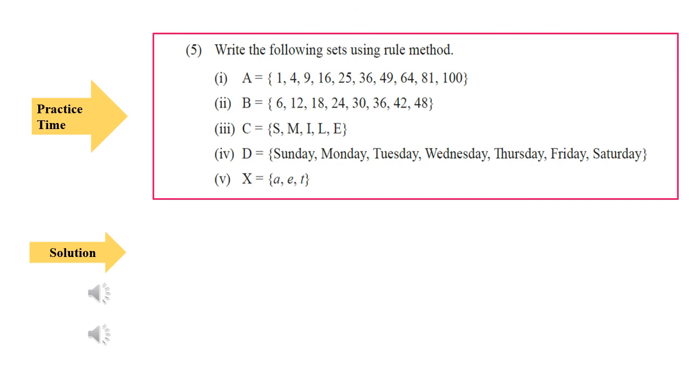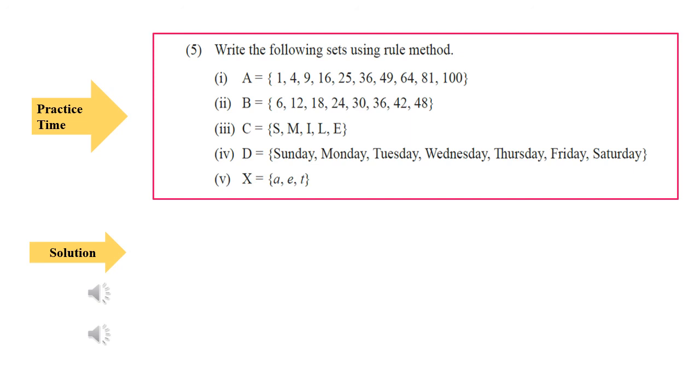First one, A is equal to 1, 4, 9, 16, 25, 36, 49, 64, 81, 100. Can you see something is common in all these numbers? Some pattern is being followed. Yes, you're correct. These are squares of the numbers. Now, what type of numbers are these? These numbers are nothing but natural numbers. Yes?